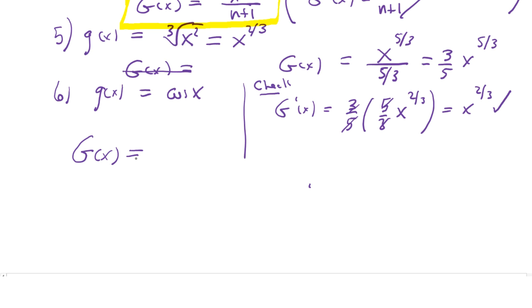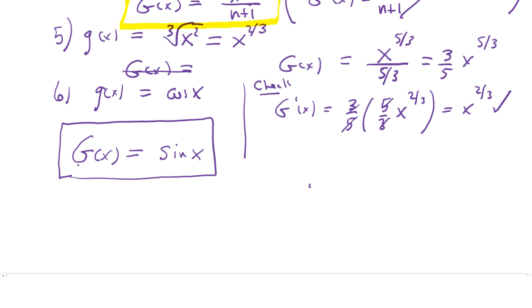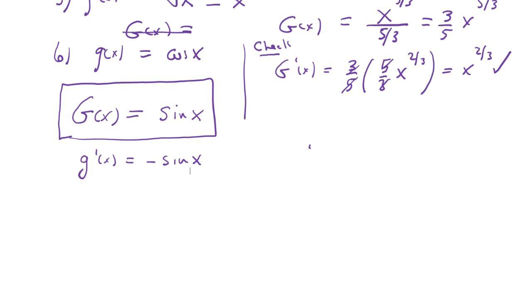So you might guess correctly that g of x is equal to the sine of x, although this often creates lots of problems for students because often students will differentiate the cosine instead of integrating the cosine. If we differentiate the cosine, we get g prime of x is equal to negative sine of x, not sine of x. And so we can compare and contrast that with g of x equals the sine of x.